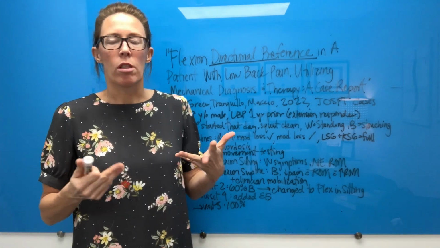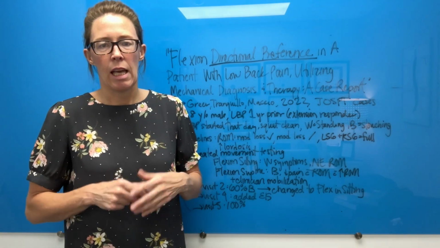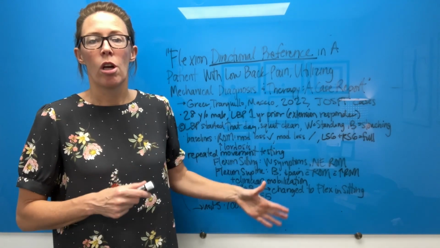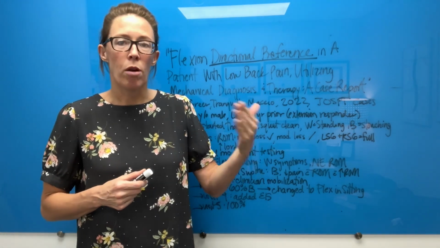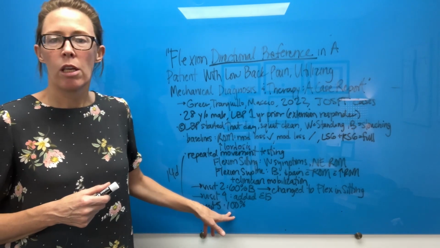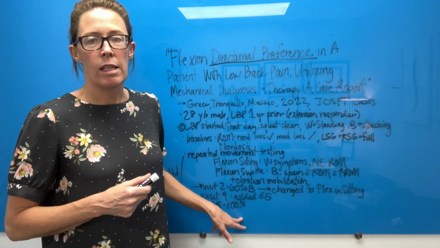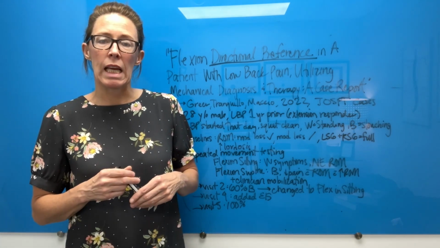And obviously if there's a hiccup, if the patient's noticing that he can't tolerate adding extension into his life at this juncture, that will be removed from the program to let it heal more by doing more flexion, but he was able to tolerate it. And by visit 5, he was 100% and discharged. Again, this course of care was over 14 days.